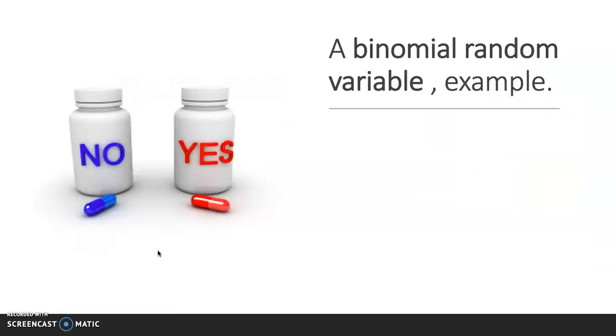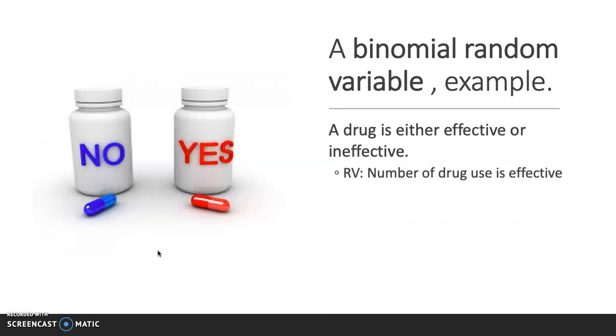Another example, a drug is either effective or ineffective. We define the random variable as the number of drugs that are effective, and the success is the number of drugs that are effective, and the failure is the number of drugs that are ineffective.